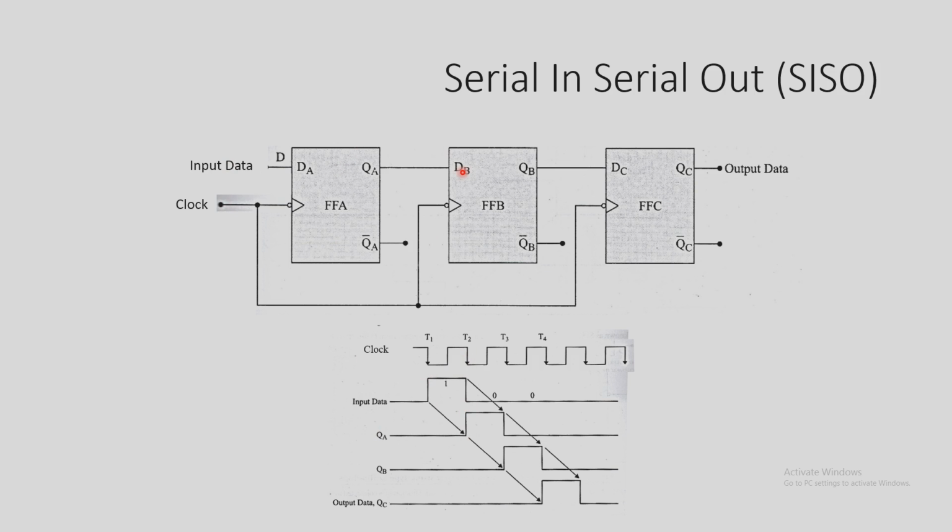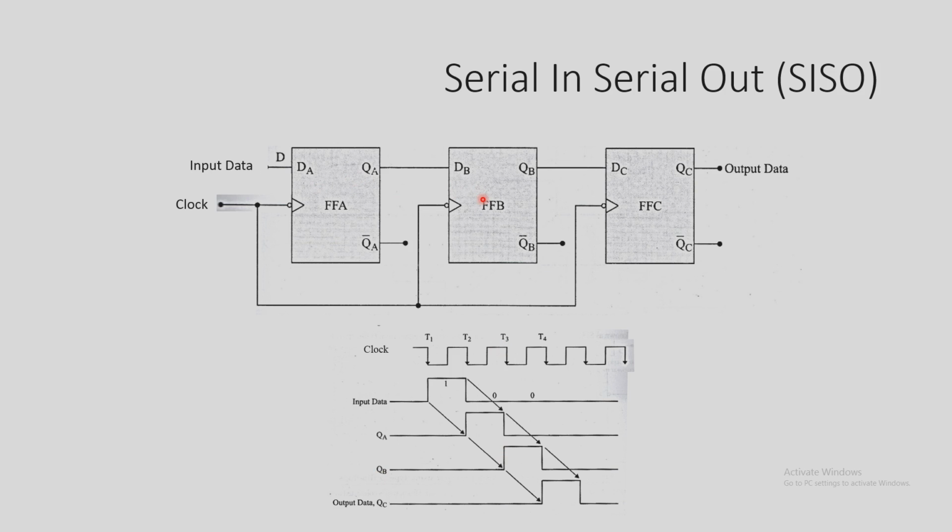So this 1 will now be available to the second flip-flop at the second negative edge of the second clock pulse. So on reaching the next negative edge, flip-flop B will receive input from flip-flop A. So this will also become 1.